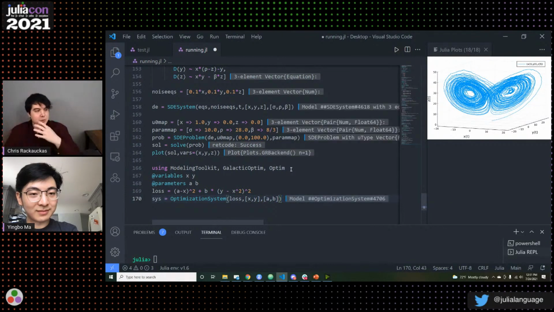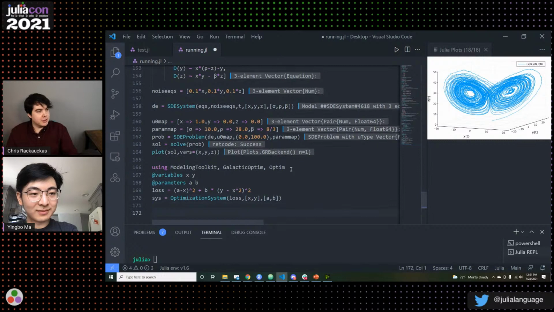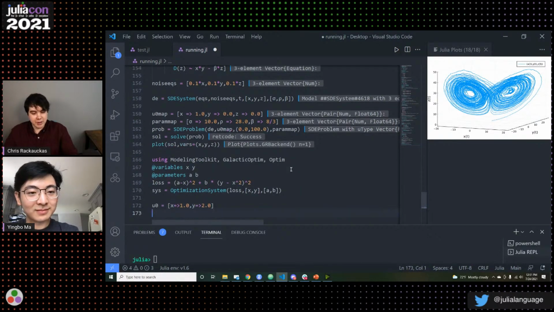It just feels very similar to the rest of what we did before. So now you say, well, what is my initial guess for my local optimizer? You can just kind of slap in some initial guesses. Some optimizers might not use the initial guess, and that's okay. Then you give it your parameter values.